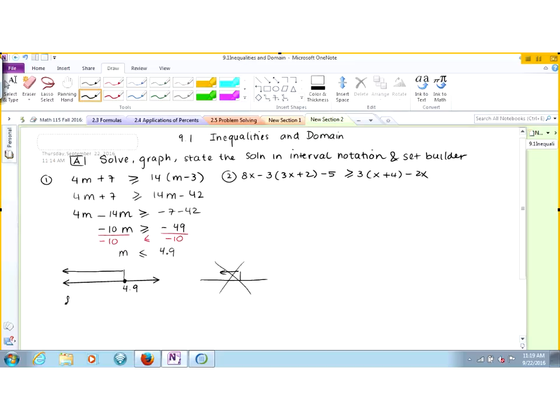All right. So how do I write my set builder solution? Yeah, so m, curly bracket, m such that, do you remember this? M is less than or equal to 4.9. And then you could say m is a real number, or you could write m is an element of the real numbers, but this is optional. So should I write down what it means? This weird e means is an element of.